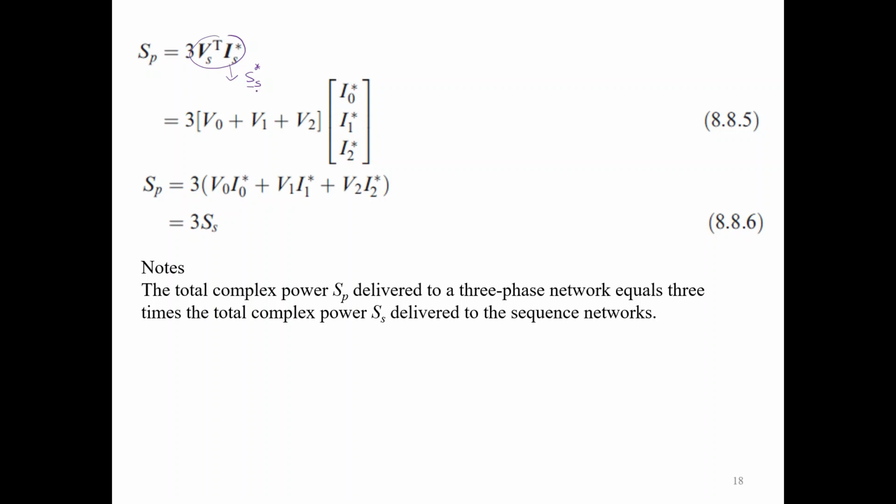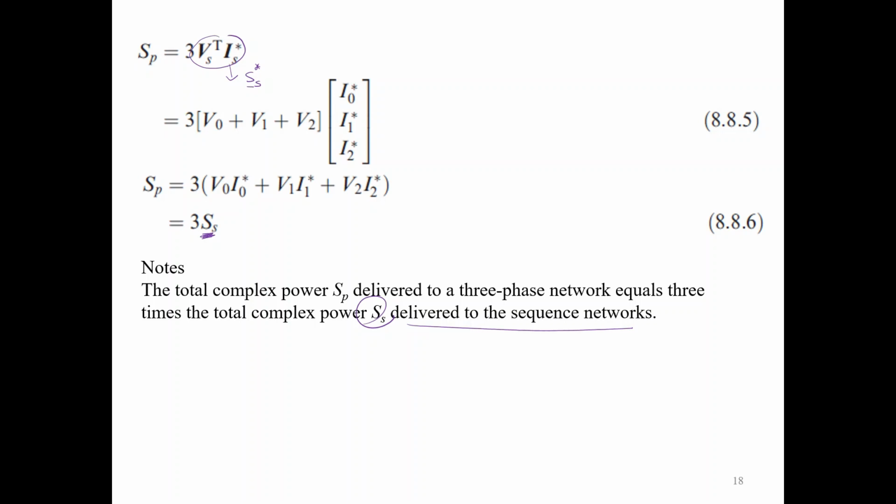So the summary is that the total complex power delivered to the three-phase network is equal to 3 times the total complex power delivered to the sequence network. Okay, this is the conclusion. If you manage to find the complex power in sequence quantities, and you want to know the complex power in phase quantities, you just multiply this by 3.